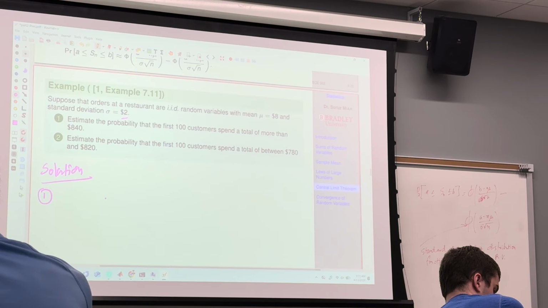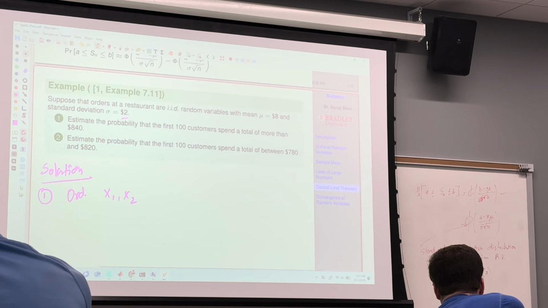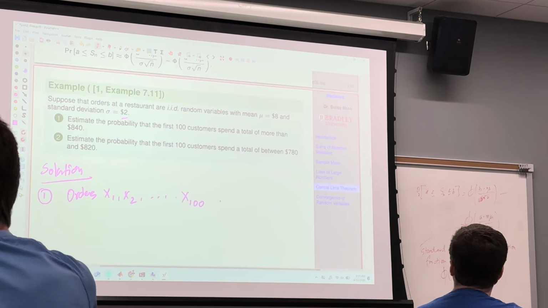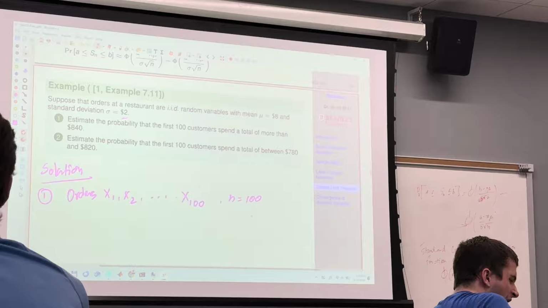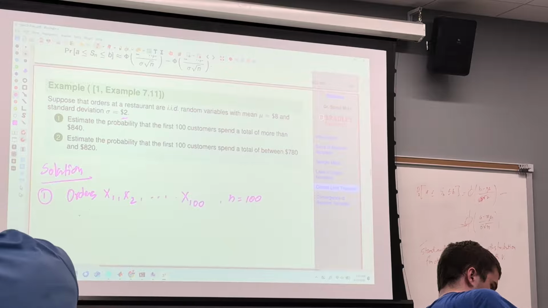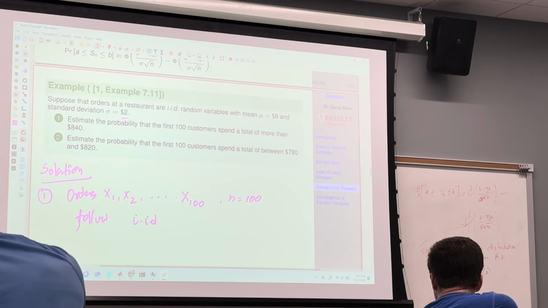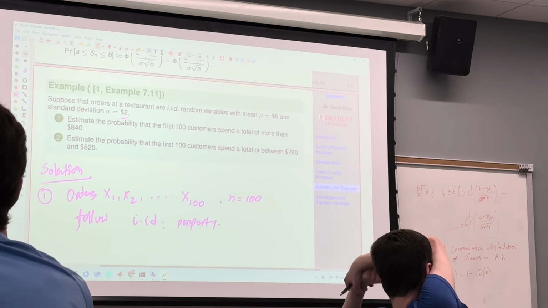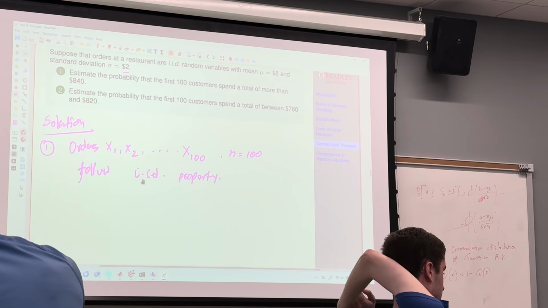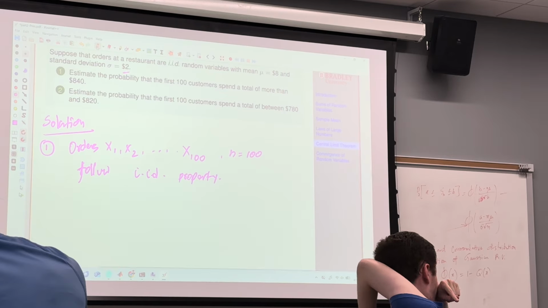We have orders x1, x2, dotted, up to x100, so n equals 100. These random variables follow the IID property.